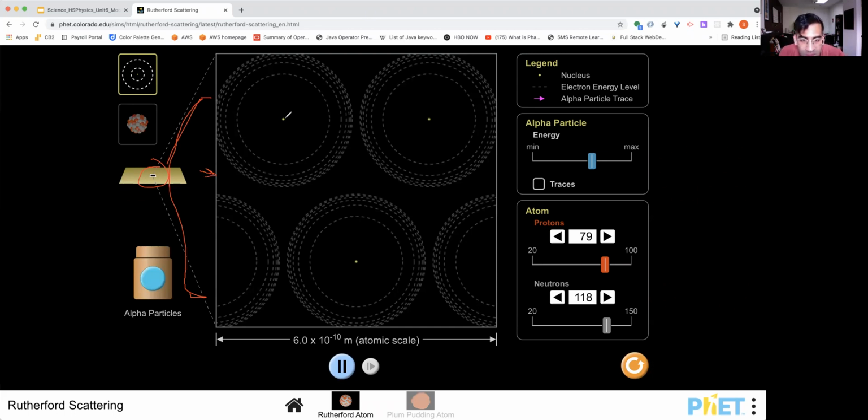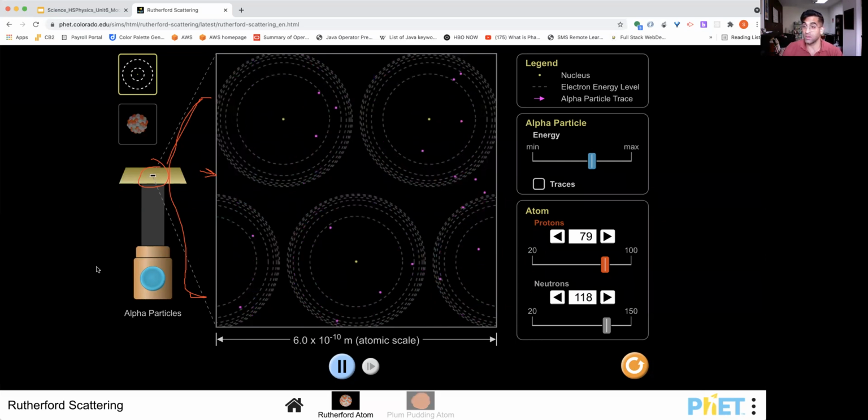And what you can see is actually what he discovered. So if I fire this, we'll get a taste. Oh, I think I need to reset it. There we go. So these are the alpha particles in purple. And as you look through it, you see that most of them are passing right through that gold foil.